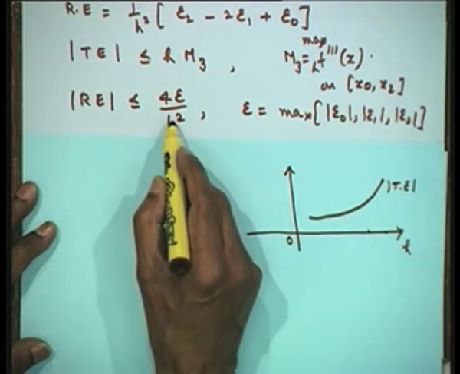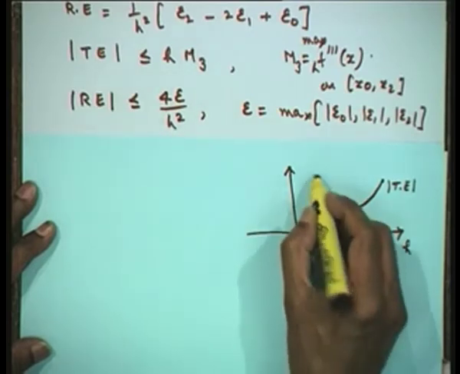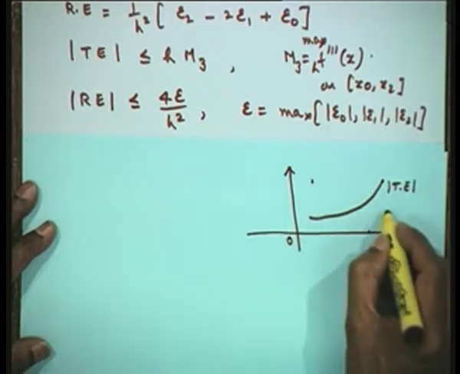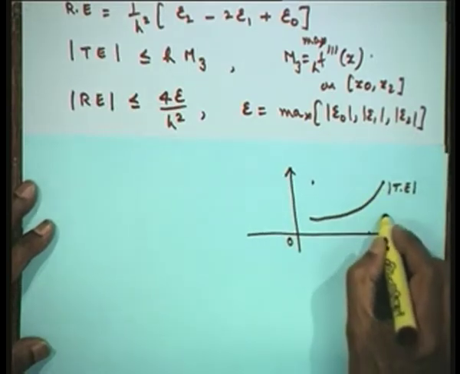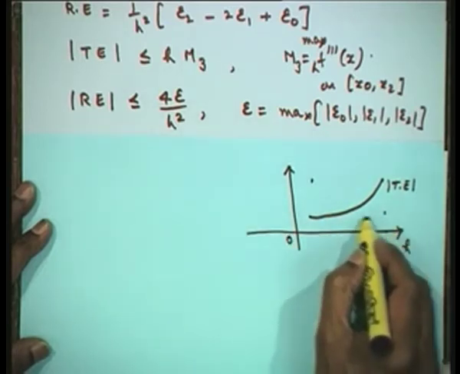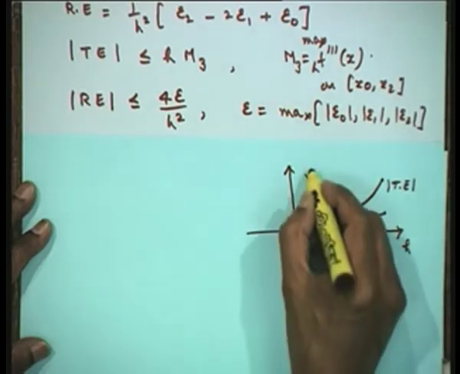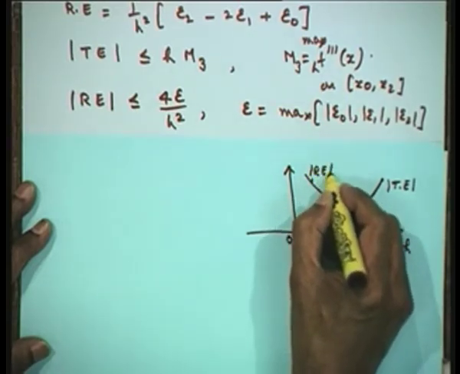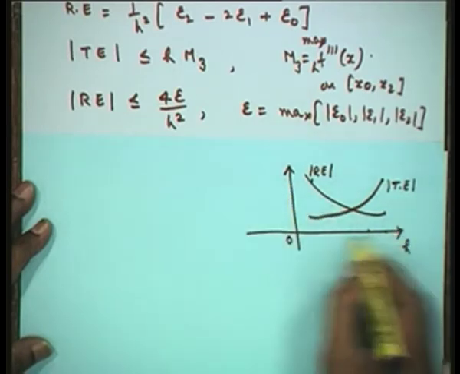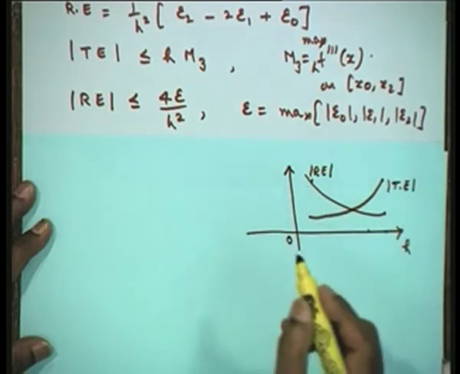Now, if I draw the graph of the round off error, for some value of h it has got some value over here. As h goes to 0, this round off error grows, so it goes like this. This is the magnitude of the round off error. So this is the behavior: as h tends to 0, the truncation error goes to 0, whereas the round off error becomes unbounded.